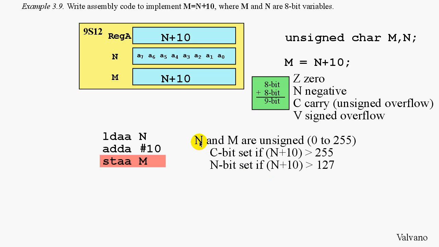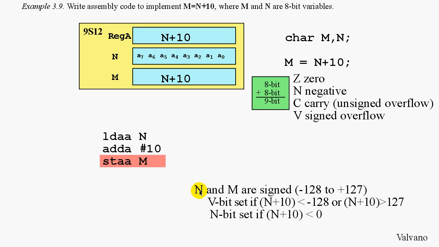Let's review. If n and m are unsigned, in C we would have placed the unsigned specification in the definition. If m and n are unsigned, then their values exist from 0 to 255. And the C bit will be set if n+10 is greater than 255, meaning the result that we've stored into m is incorrect.